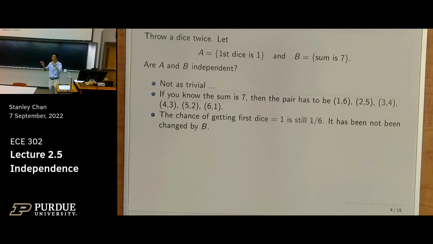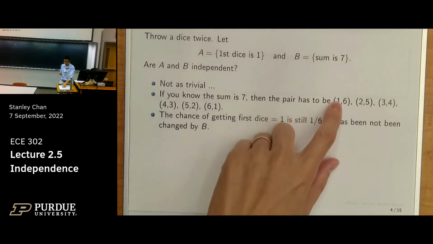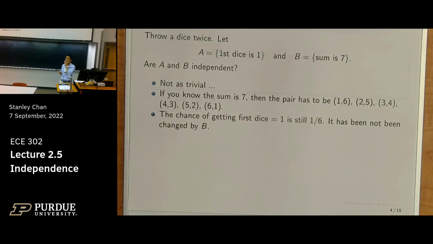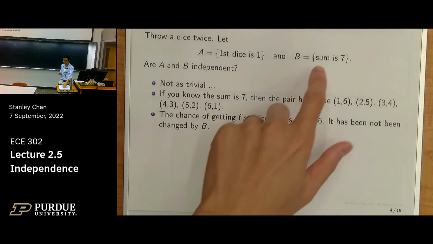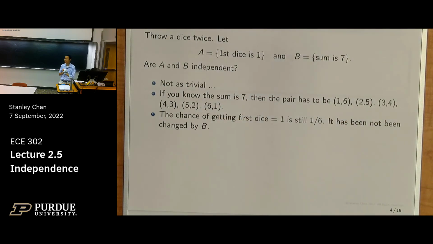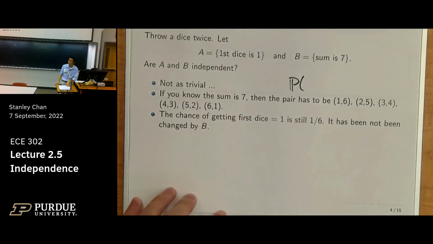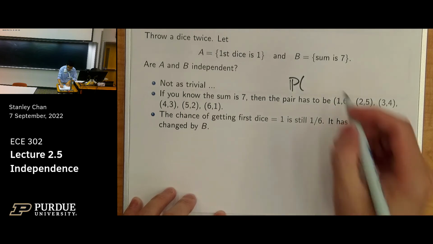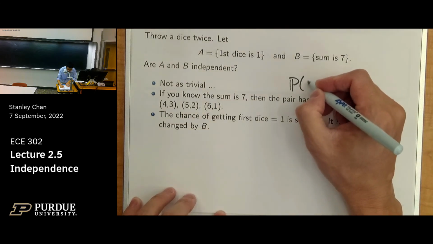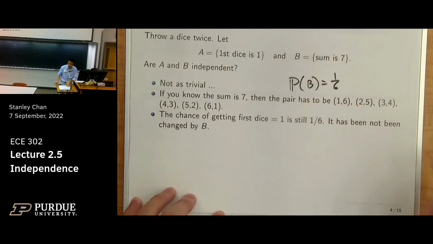They can all give you a sum of 7. You have 6 configurations that can give you this. All right, so that is the event. And so now the probability of getting B is 1/6.